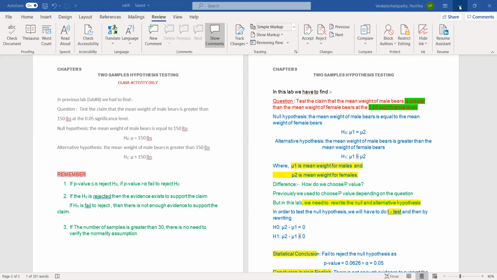So go to JMP, open the bass file, because in the class activity we will be using this subset. While doing your assignment, you are supposed to use your subset of small town. Most of the students are taking the new small town and then doing their assignment, which is wrong.